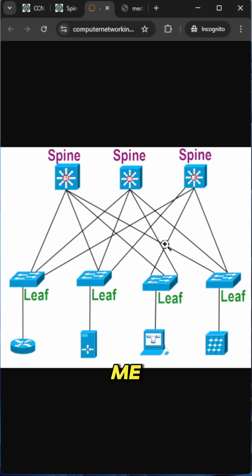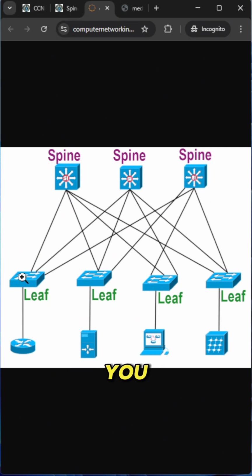Let me explain it so that it makes sense. You can see that this leaf switch, which the router is connected to, is connected to this spine layer 3 switch, which is the core layer. This is where all the thinking happens, where all the configurations are made, in the spine layer.